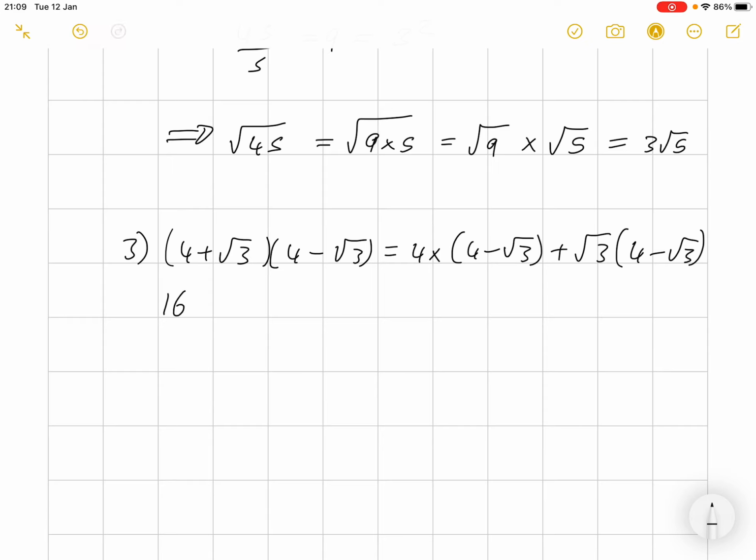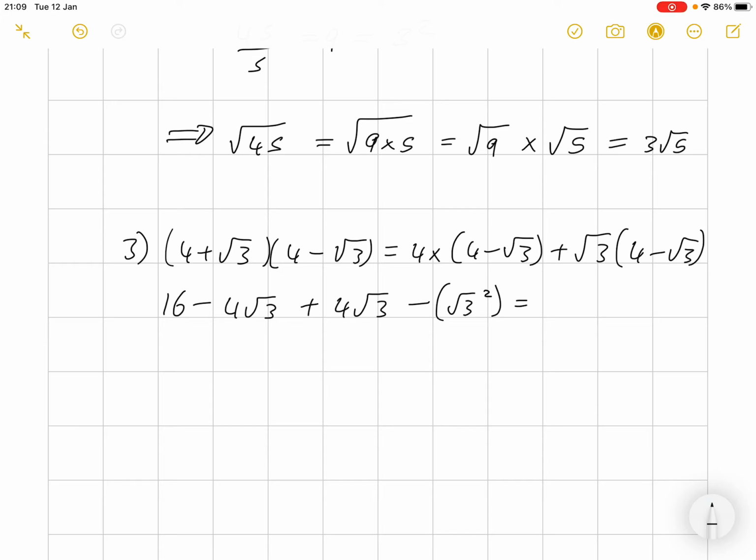This is 16 minus 4 root 3, and then expand this out. Root 3 times 4 is 4 root 3. Root 3 times minus root 3. Don't fall into the trap. We're going to have minus 3 because we'll have minus root 3 squared.